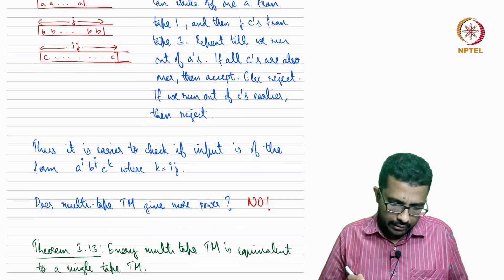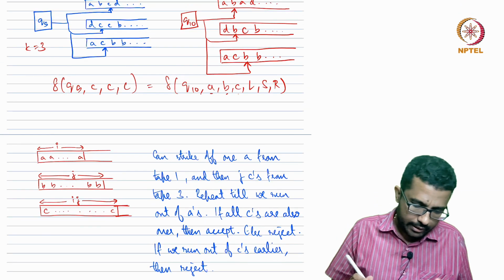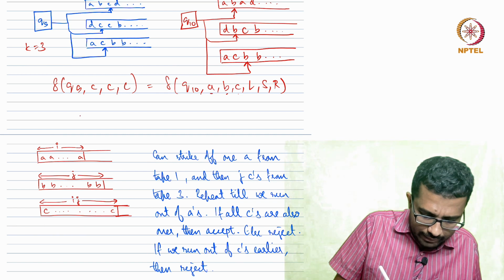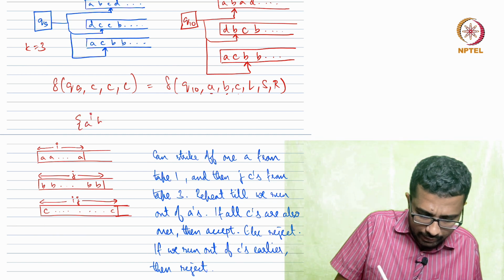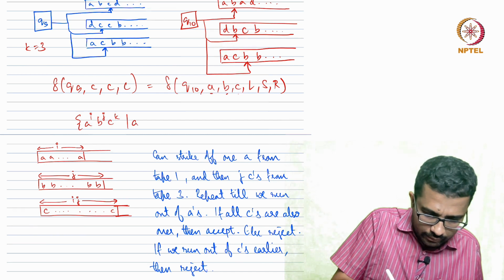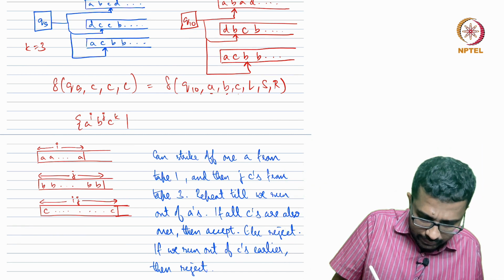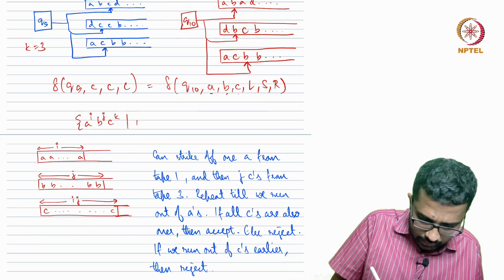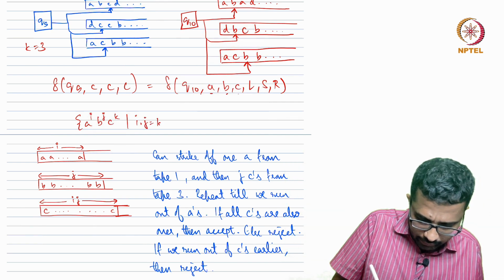So let's see one simple example. Remember we had this language in the previous lecture: A power I, B power J, C power K, where I multiplied by J equals K, right?